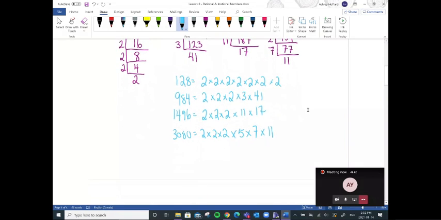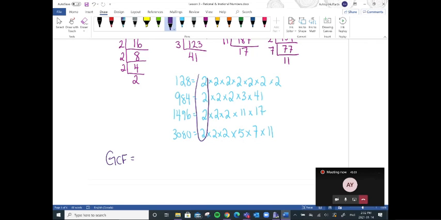So where you can, always double check everything. Okay, now for the GCF, GCF is easier because we're literally taking each number that's common to all 4 lists here. What I mean by that is when I look at my first number 128, the 2 exists in 984, it exists in 1496, and it exists in 3080.